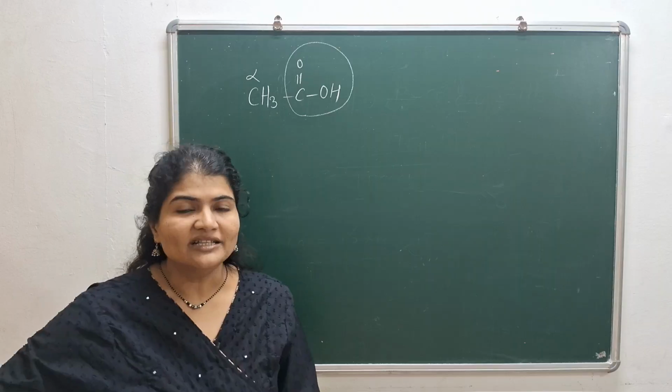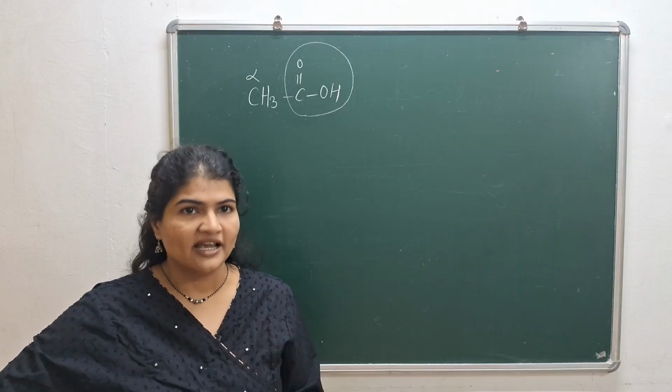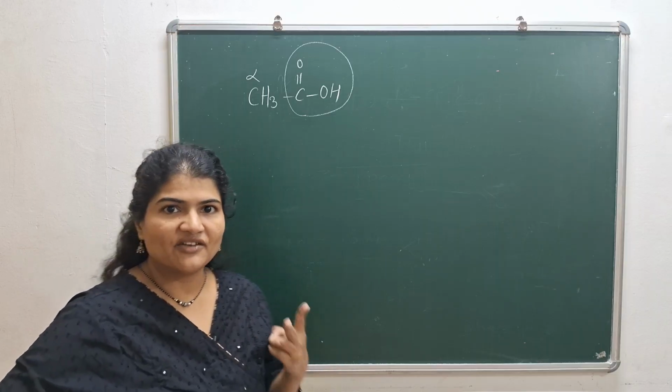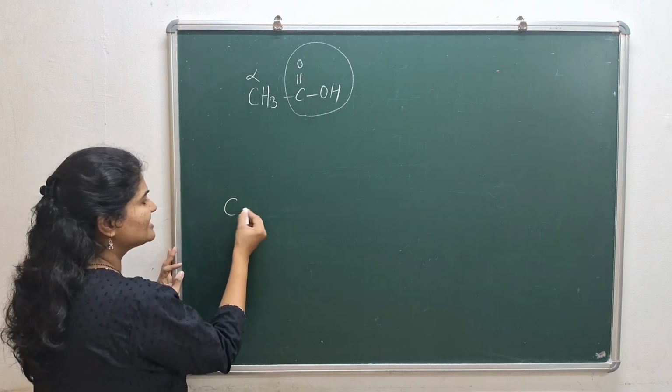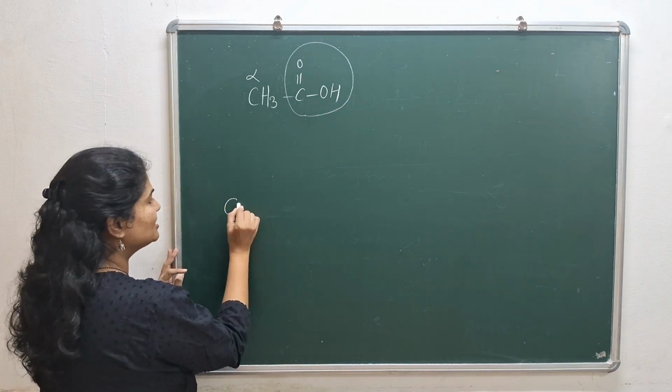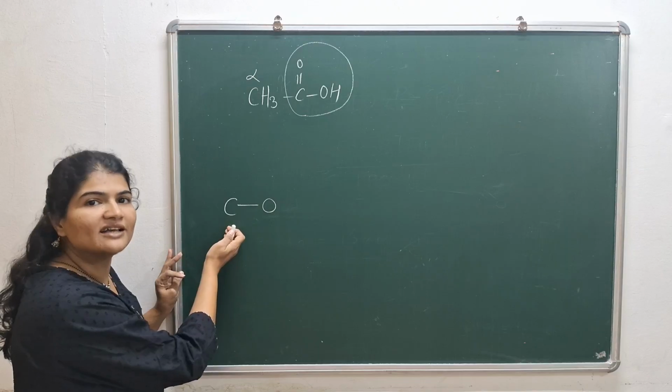Now you might know that the inductive effect occurs because of the polarity in the bond, and there are two types of inductive effects. I will write an example. Suppose there is a carbon oxygen bond, and here oxygen is more electronegative than carbon.